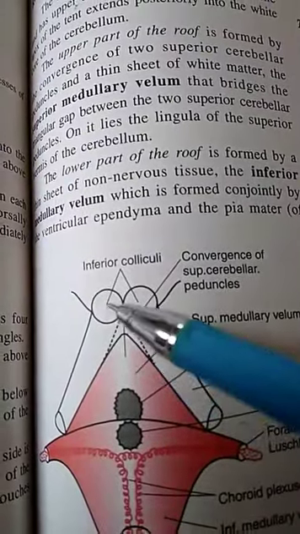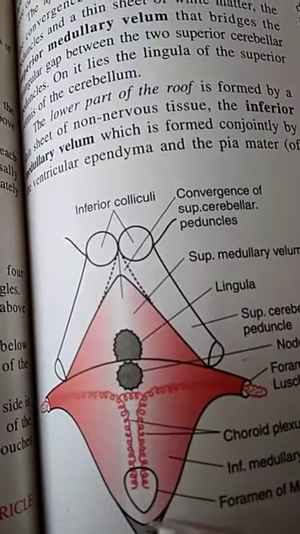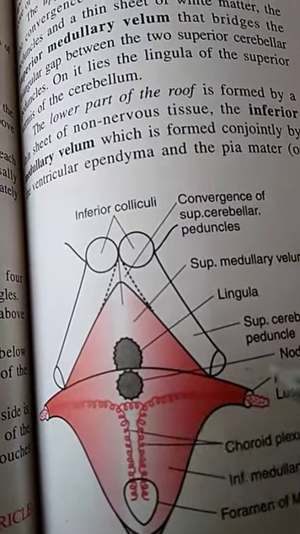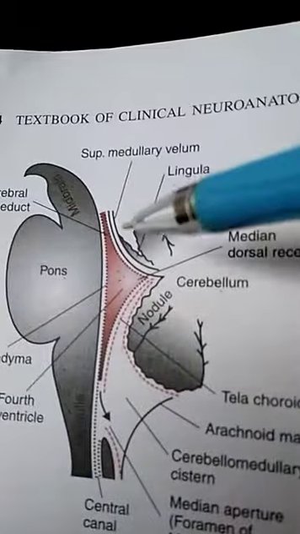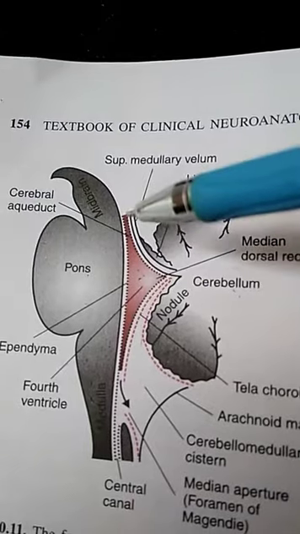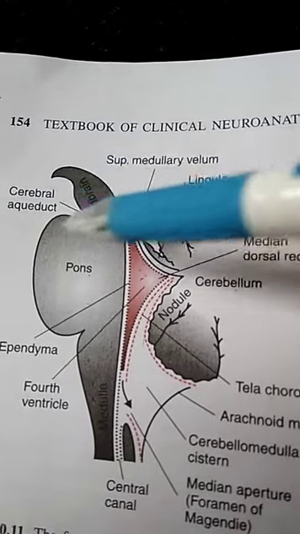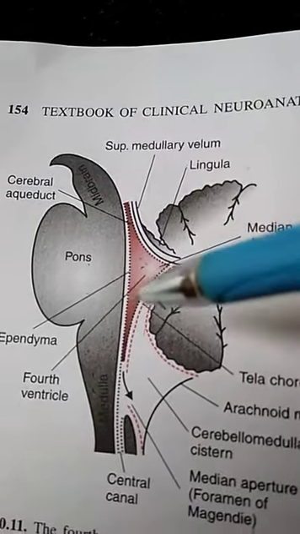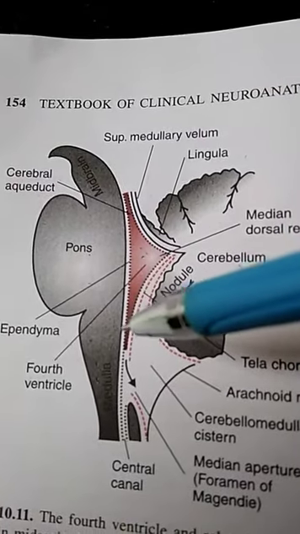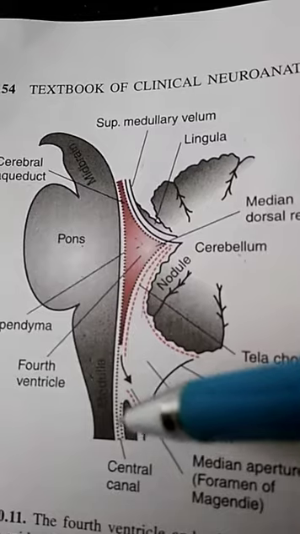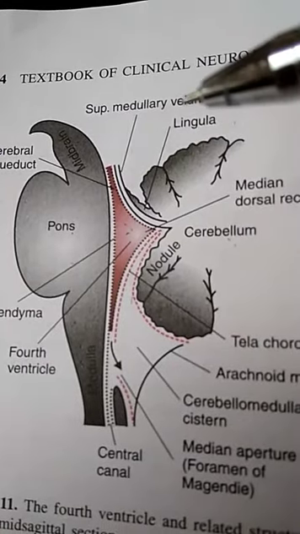So here is the superior angle, here is the inferior angle, and these two are lateral angles. As you can see, the superior angle is continuous above with the cerebral aqueduct of the midbrain. The inferior angle is continuous below with the central canal of the medulla oblongata.